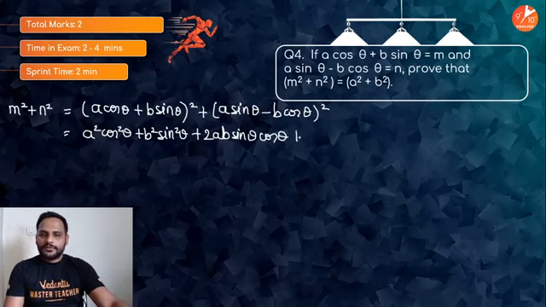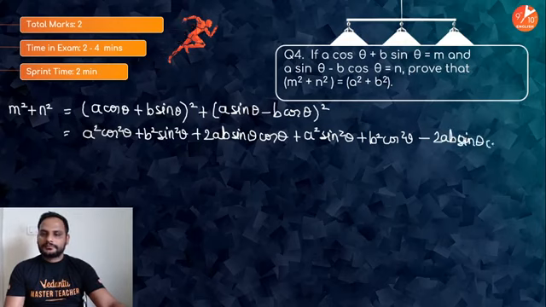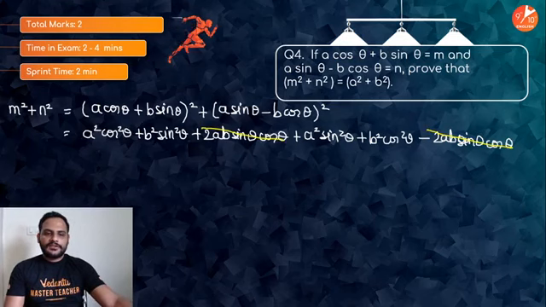Similarly, (A minus B) whole square, so A square sin square theta plus B square cos square theta minus 2AB sin theta cos theta. Alright, here if you will see, the 2AB sin theta cos theta cancelled with this minus 2AB sin theta cos theta.